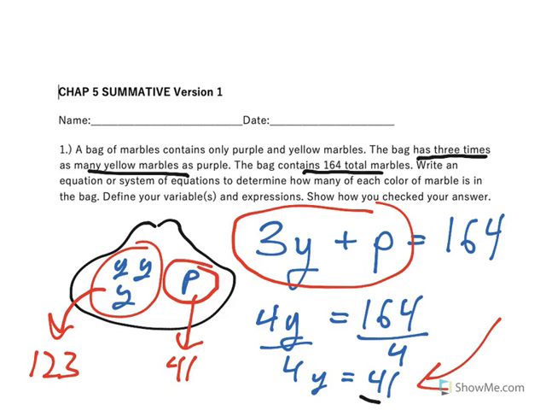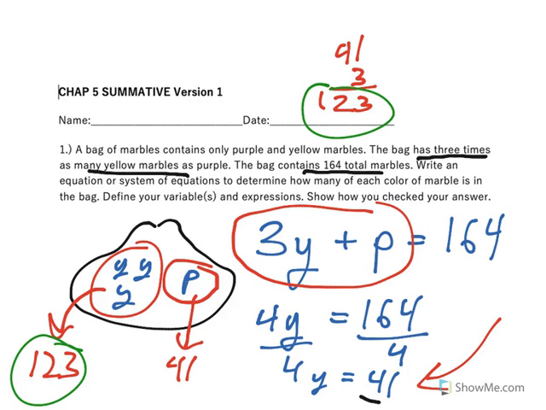And then you can also see, does this make sense? And it does, because 41 times 3 is 123. It's going to give us the same answer as here, which agrees with the statement that the bag has 3 times as many yellow as purple. This is one way to work it out, okay?